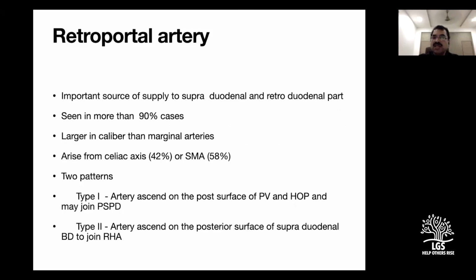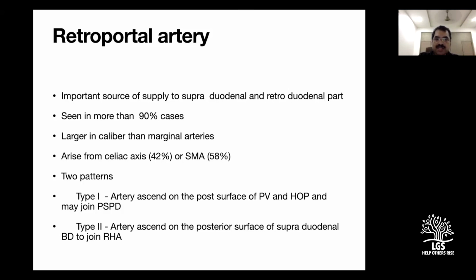It is seen in more than 90% of cases, and it has a larger caliber than the marginal arteries which I was mentioning. It usually arises from the superior mesenteric artery in 58% and the celiac axis in 42%. There are two patterns. Type 1, the artery ascends on the posterior surface of the portal vein and head of pancreas and may join the posterior superior pancreatico-duodenal artery.